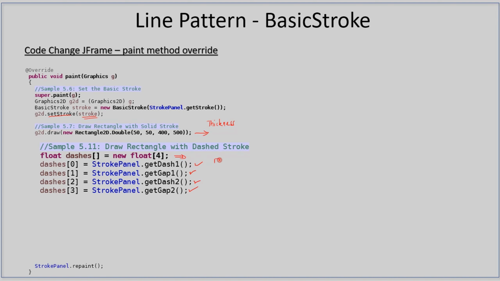This is fed in by the user, right, based on the 4 text boxes. When the user clicks the set button, these members will get populated. This dash 1, gap 1, dash 2, gap 2, all will get populated based on the user entered value.